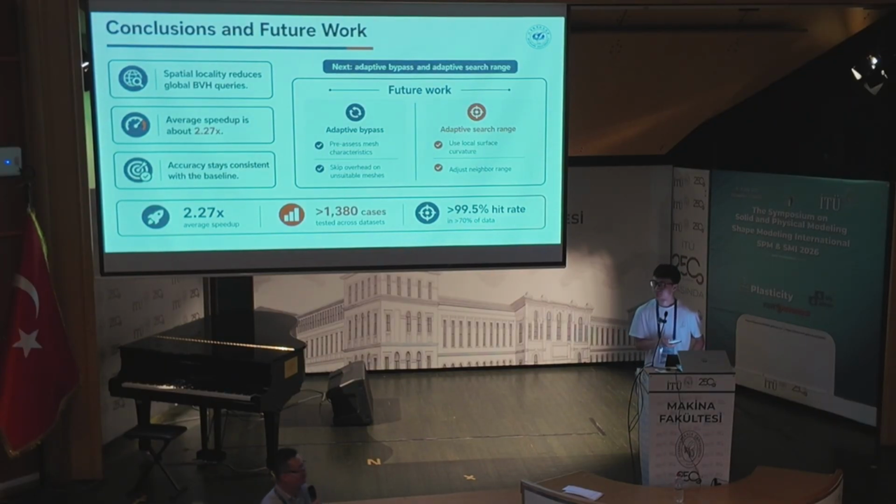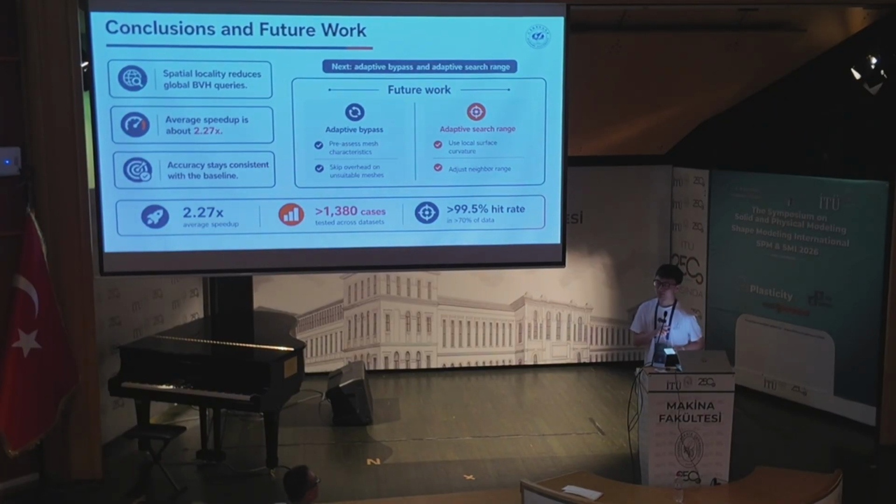Thank you. Just a follow-up: it looks like your method is like a plug-in speed up, so it can be combined on the CPU or the GPU. Am I correct? This program is currently only CPU. And what's the baseline? You talk about the 2.27 speed up.